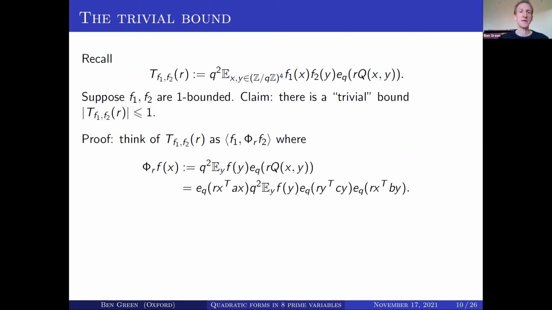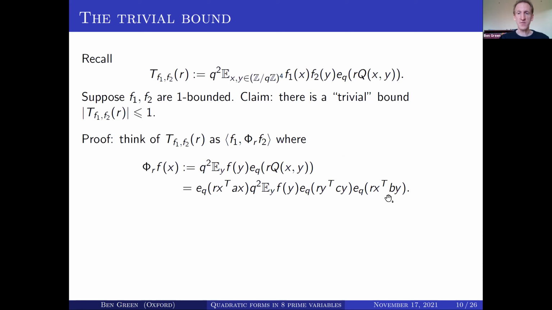You can think of that exponential sum as an inner product over Z mod qZ to the 4 of the function f1 with a certain operator applied to f2. And that operator is: twist by a quadratic phase, so you twist by e to the r y transpose C y.